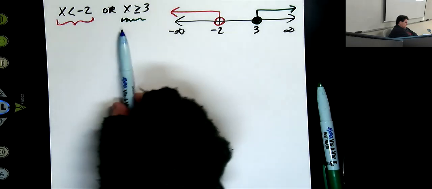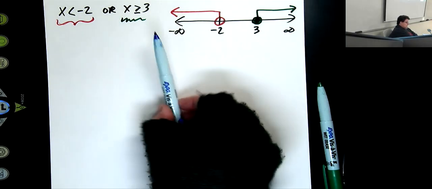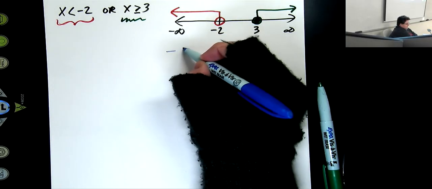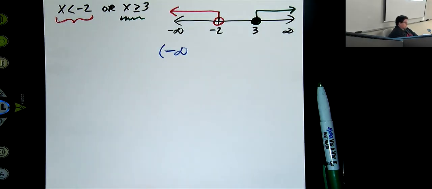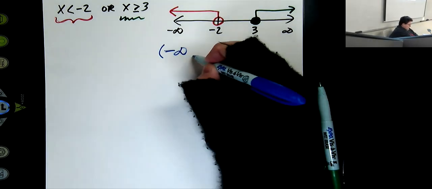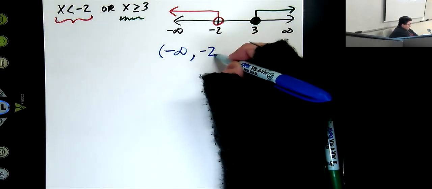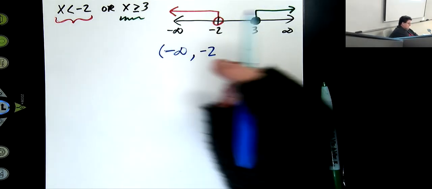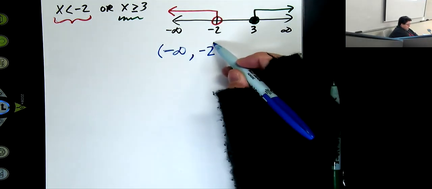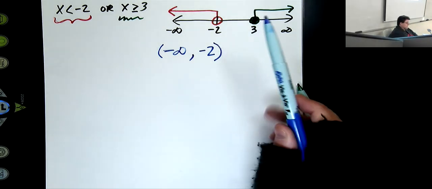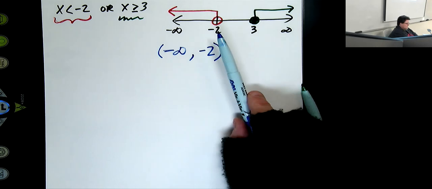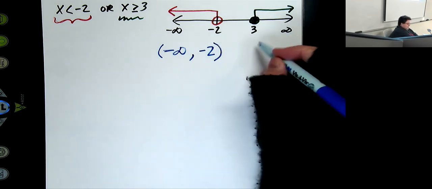When you do the interval notation here, we go left to right, we immediately hit it at negative infinity, which gets a parenthesis. We stop hitting at -2. Again, we're going left to right. I get a parenthesis. I keep going and then I hit it again at the 3, so it starts back up.